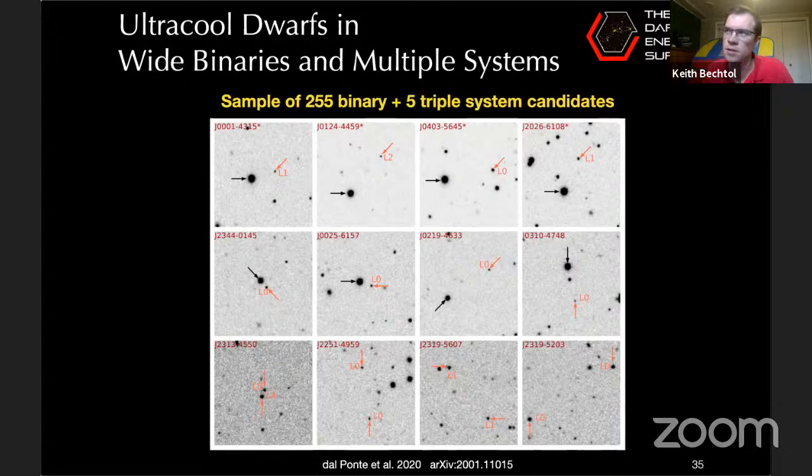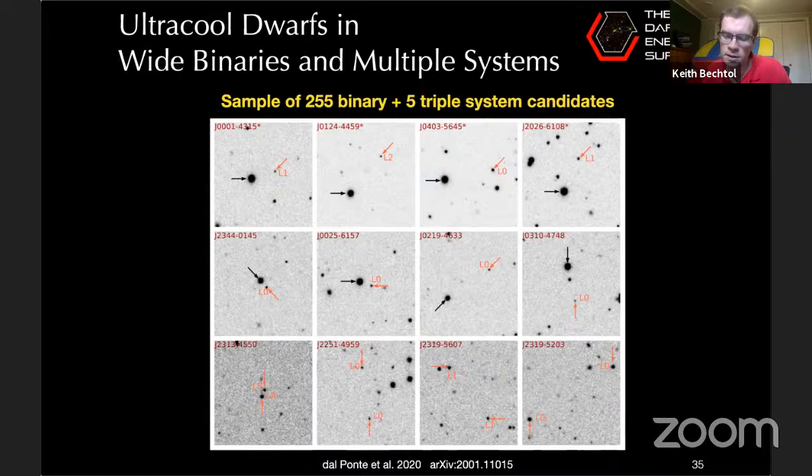This is the largest such sample of companions to date for ultracool dwarfs, and these were selected by, for example, estimating the photometric distances to these stars, finding those objects that were at common distances, and using the proper motion to rule out candidates where you clearly see some separation in phase space between the stars.